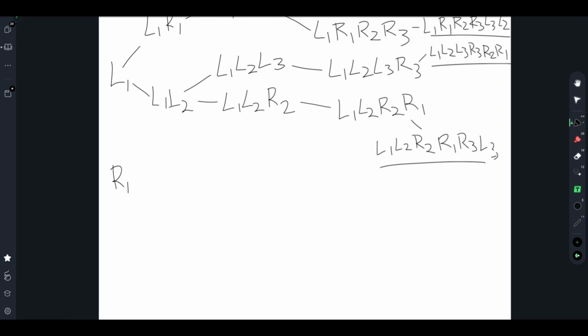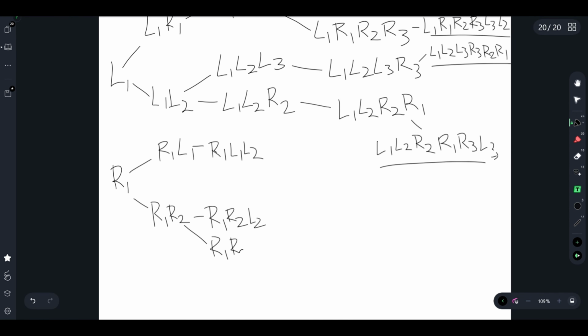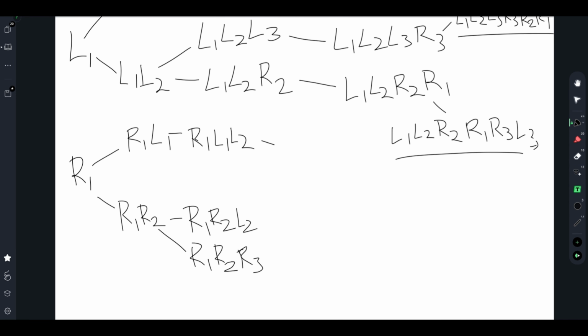Now for R1. So for R1, we start with R1 L1 or R1 R2. And this leads to, and this leads to, so we just continue doing casework. It's nothing special. Doing this.